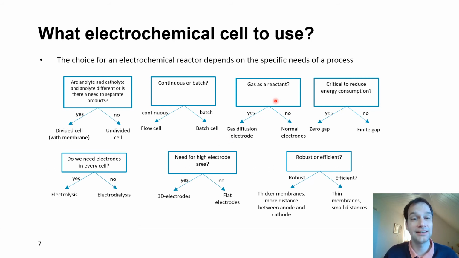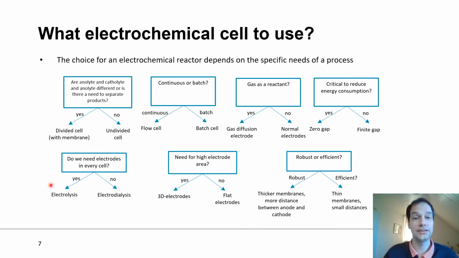Is there a gas as reactant? Then I do need a gas diffusion electrode. Is energy consumption really important? If so, we really need to minimize the ohmic resistance and we typically go towards zero gap cells. If not, we can go for what is called a finite gap, which basically means there's a gap between the electrode and the membrane.